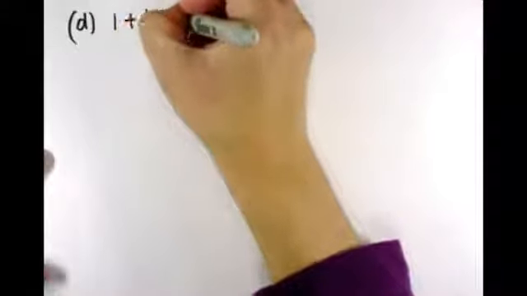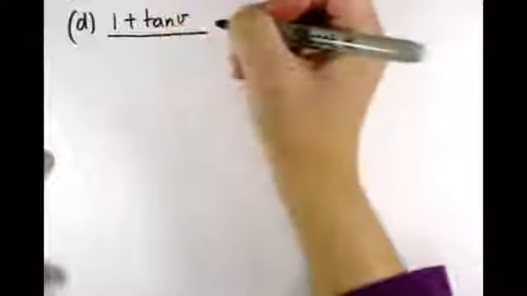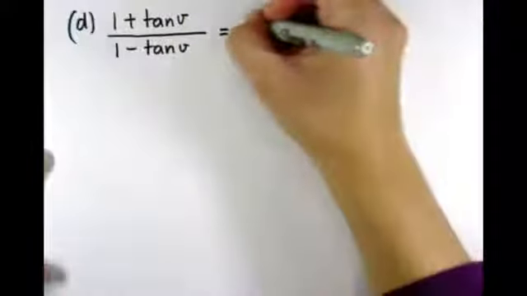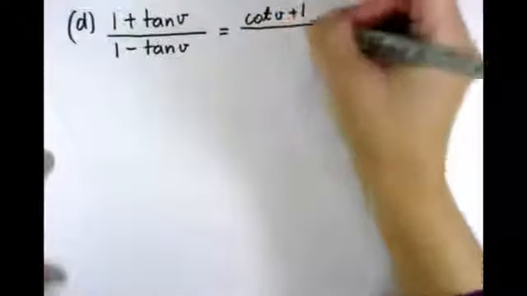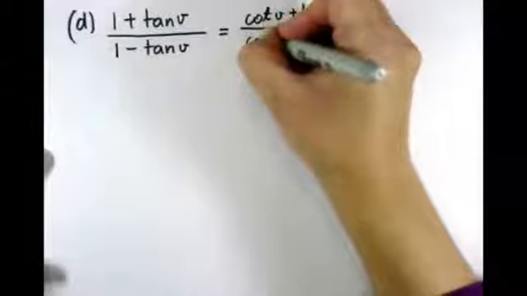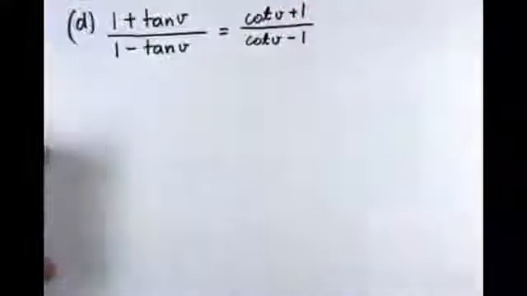Another example, D. We have 1 plus tangent V over 1 minus tangent V, and we want to show that this is equal to cotangent V plus 1 over cotangent V minus 1.